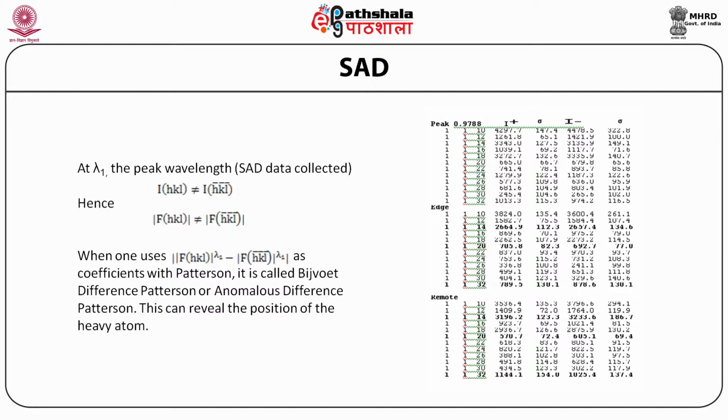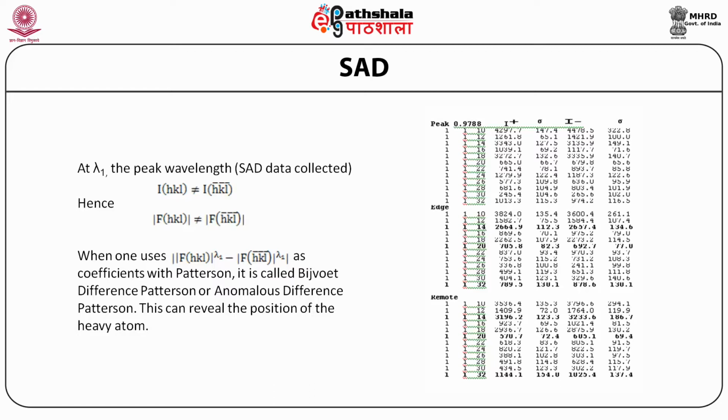So in this case we merge them together, let us say roughly 2660. But same reflection 114, when you take it to the remote wavelength, it is 3196 for HKL reflection and 3233 for H bar, K bar, L bar reflection. So more or less, this is approximately 3200 here, and that is 2660.